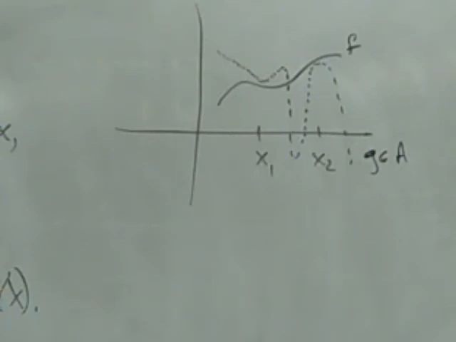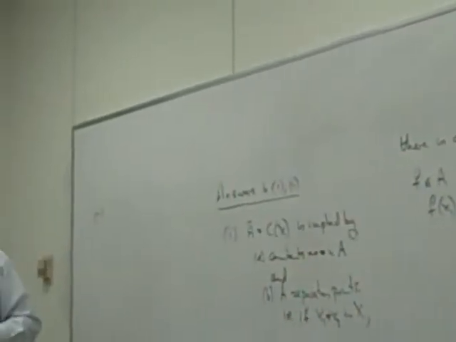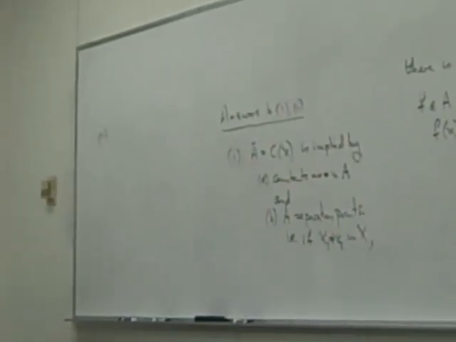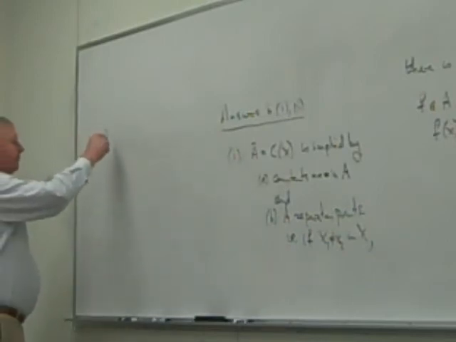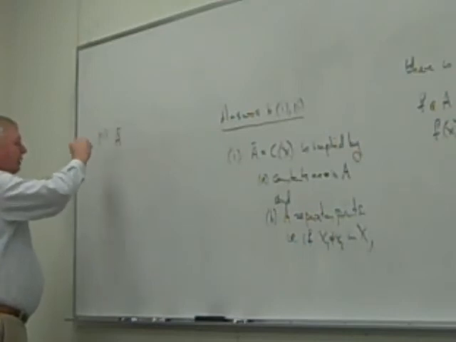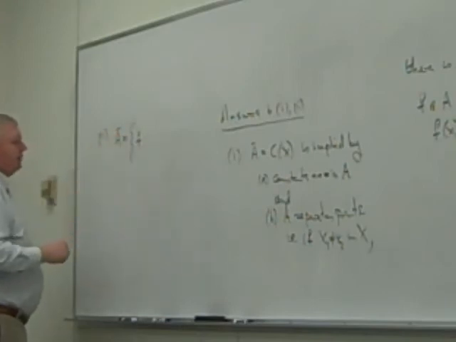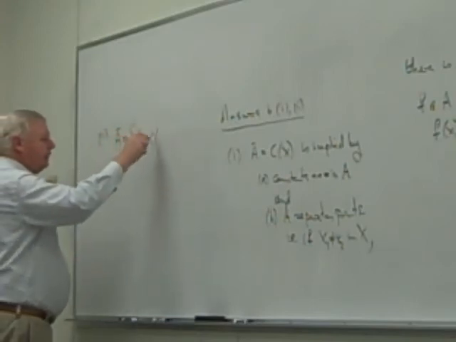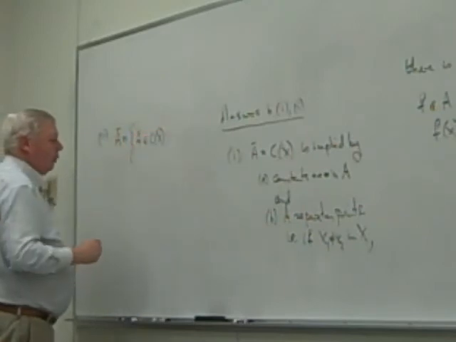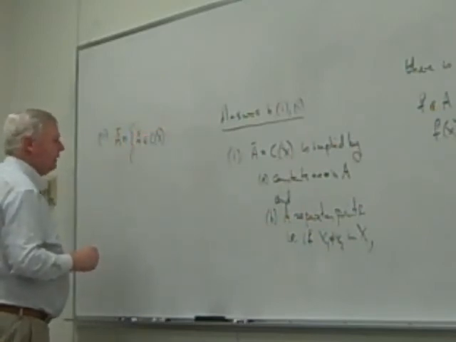And now what about question number 2? If you're given an algebra of functions, how can you characterize what the closure is? I think the nicest answer to that is as follows. A bar is the set of continuous functions with the following property.